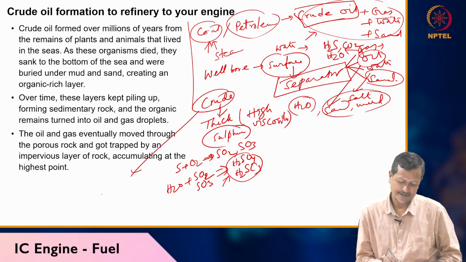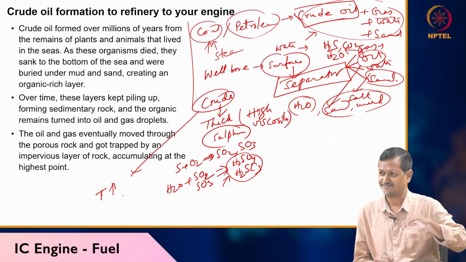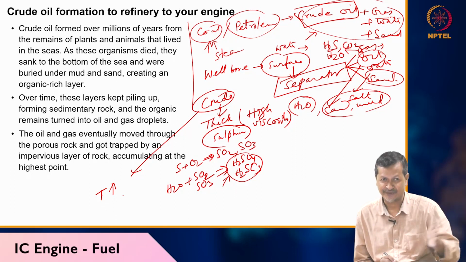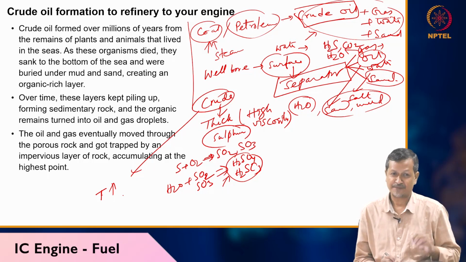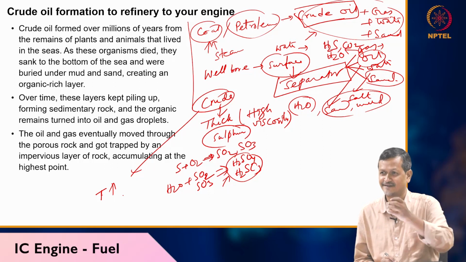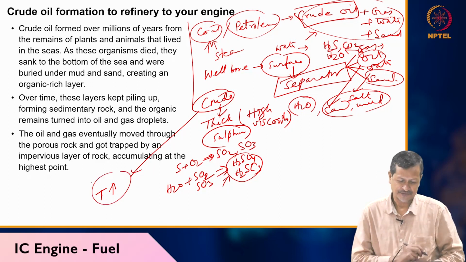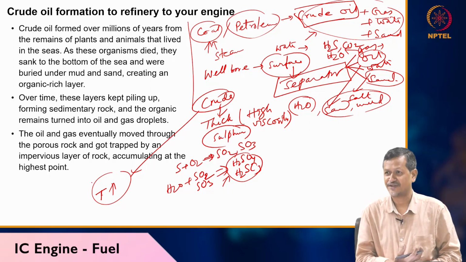Whenever temperature is increased, viscosity will go down. Low viscosity means it will flow, and then you can inject it through the injector port into your cylinder, and it can be burned like diesel fuel, okay. So this is the story of the crude oil from the wellbore to your engine.